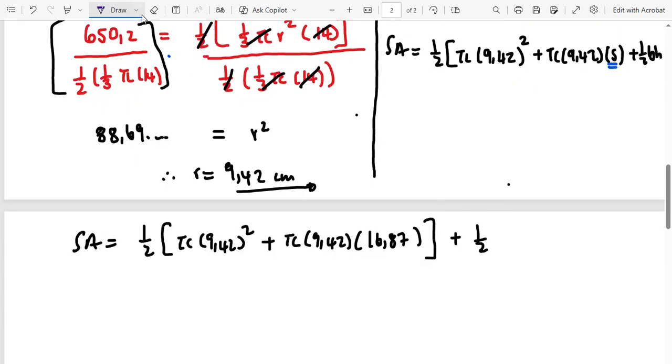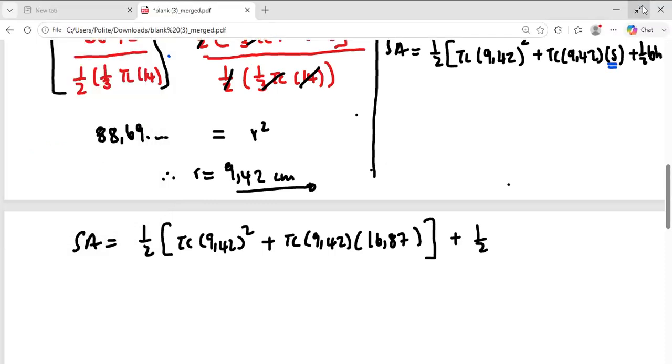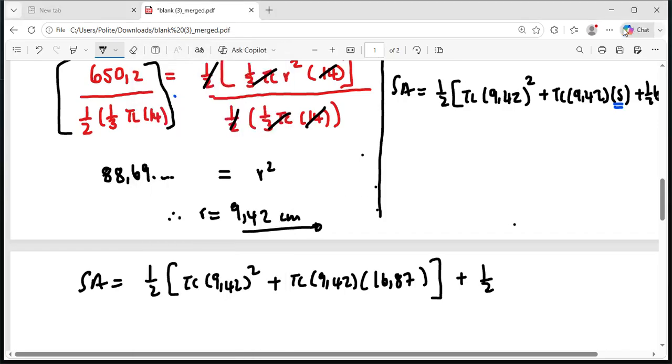If we multiply that by 2, I'm not sure what we're going to get, but let's quickly consult the calculator. Just multiply by 2. That was supposed to be 9.42 times 2. This gives us 18.84.